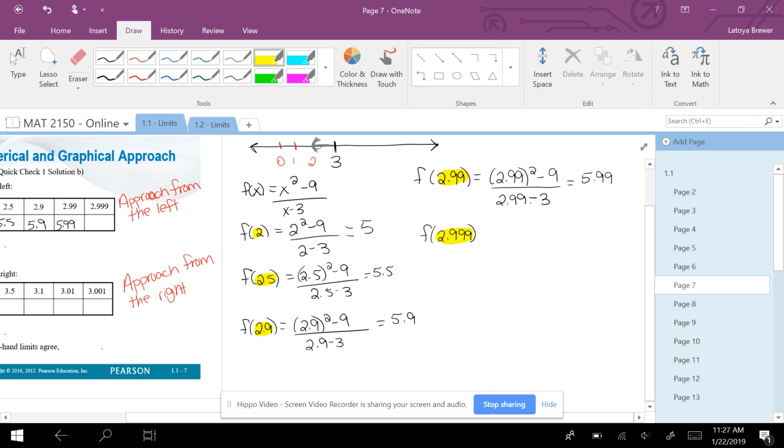So that's why we have that 2.999. It is very close to 3, but it is not the same thing as 3. So we're going to take that 2.999, substitute that into that equation. And when I simplify that, that gives me 5.999.